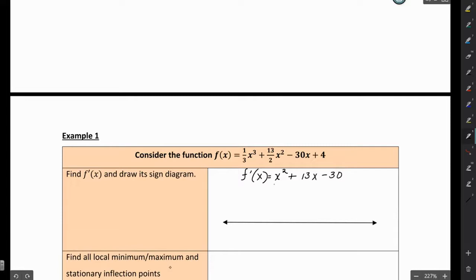We're going to factor this, and we're going to set it equal to 0. We get our two critical values here, negative 15 and 2. We're going to do test values before negative 15, between negative 15 and 2, and after 2.